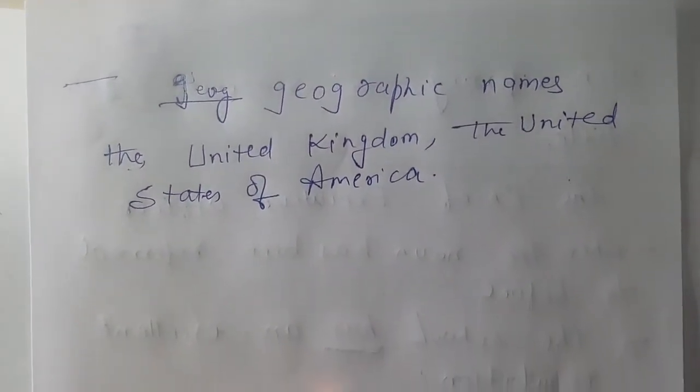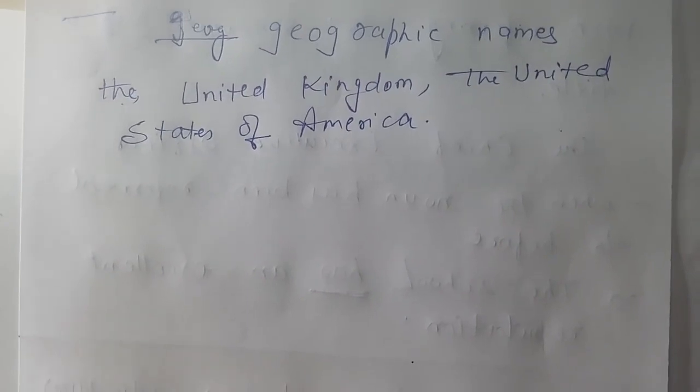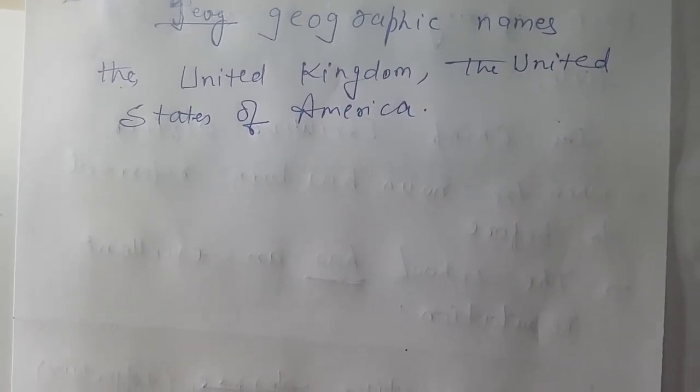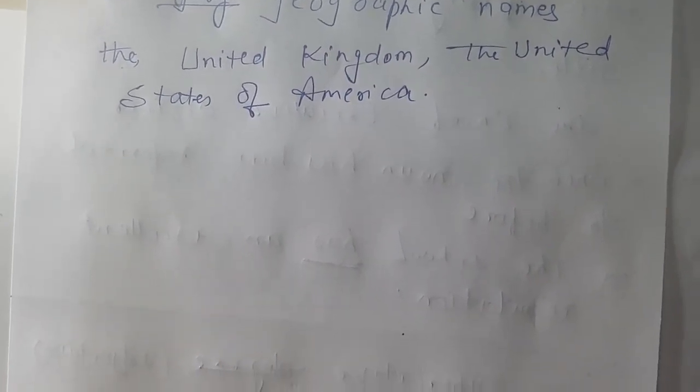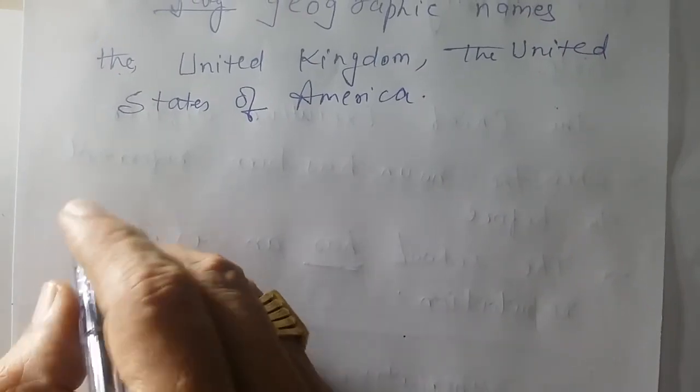But the United Kingdom is a combination of three countries. The United States of America is a combination of states, right? These are the reasons because they are representing the complete. But England, it's a country name. They are not representing geography. They are a part of the geography, but not a particular geography. So that's the reason here.